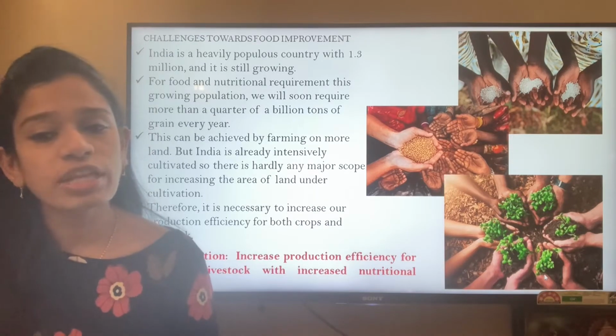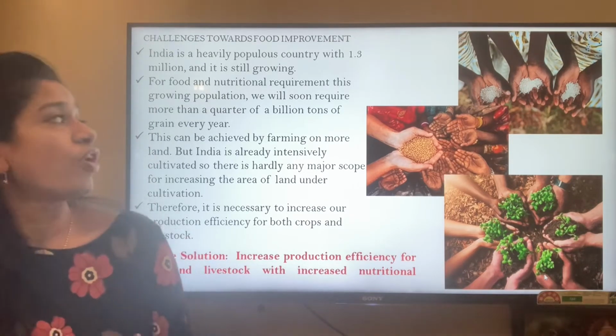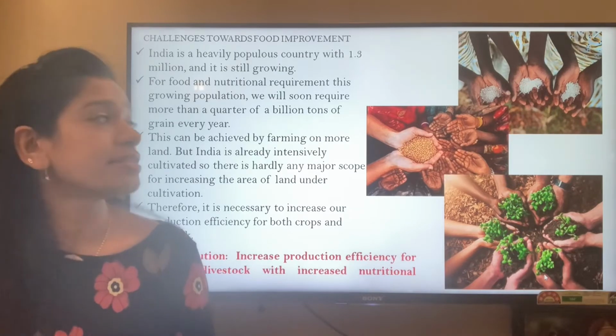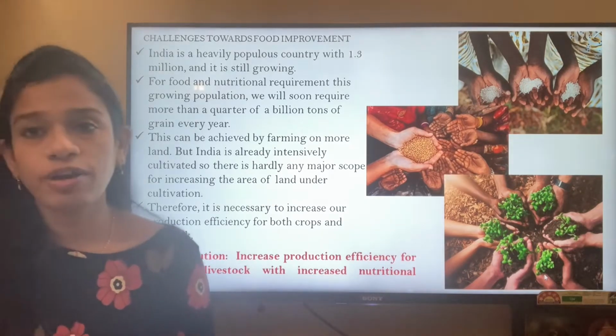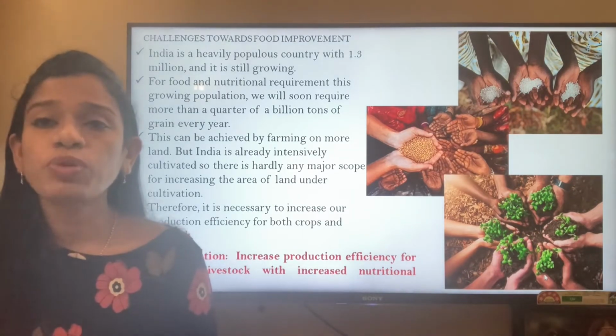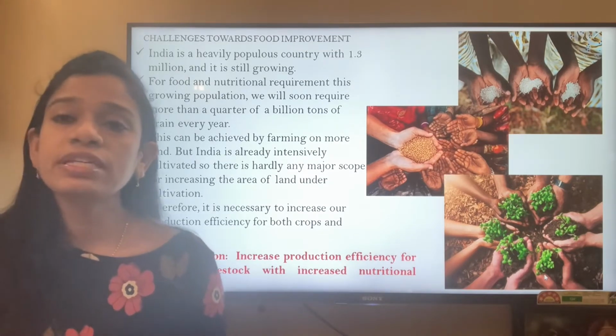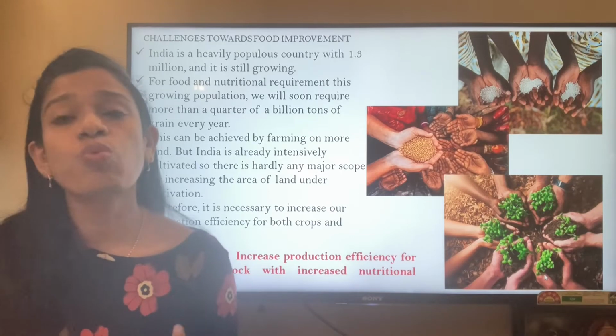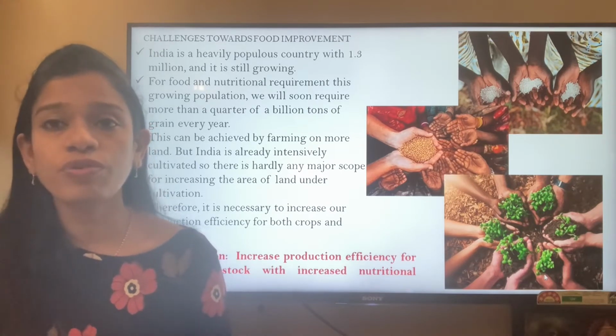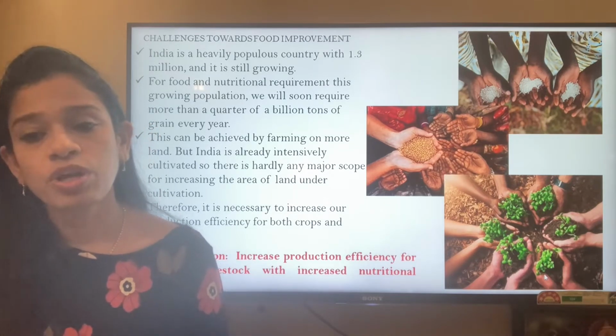Now, what are the challenges? The first challenge for our country, India, is that it is a heavily populated country and the population is ever increasing. So India will require more than 250 million tonnes of food grains every year.